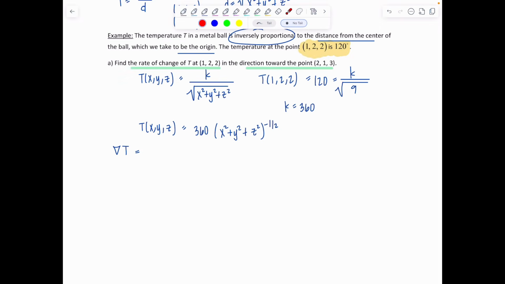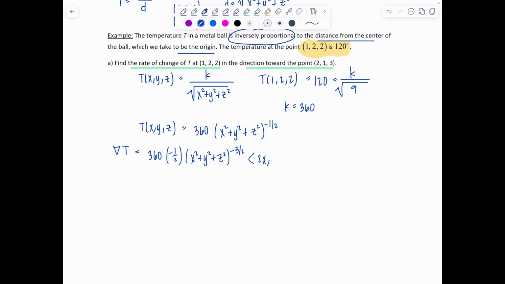So we're going to have to use the chain rule, and all of the partial derivatives will start off the same. It's just that chain rule will change. For the x component, I'll multiply by 2x, y component 2y, z component 2z. So I can just factor outside the beginning portion: 360 times negative 1/2 times (x squared plus y squared plus z squared) to the negative 3/2. They all have that in common.